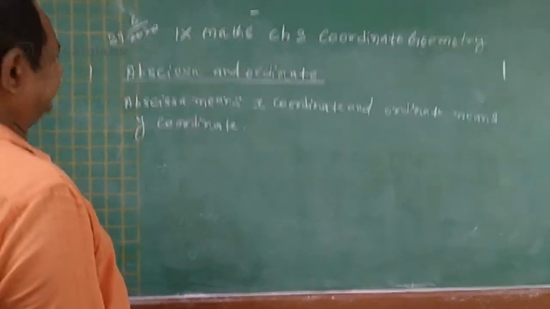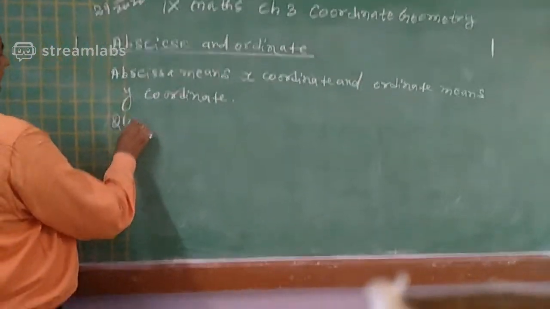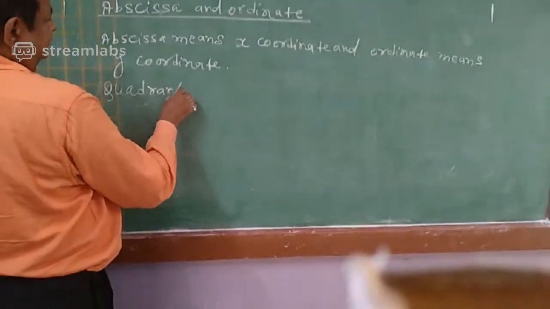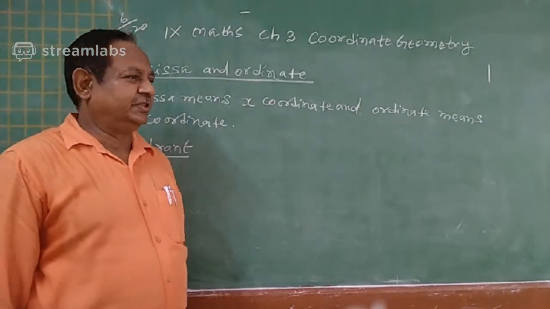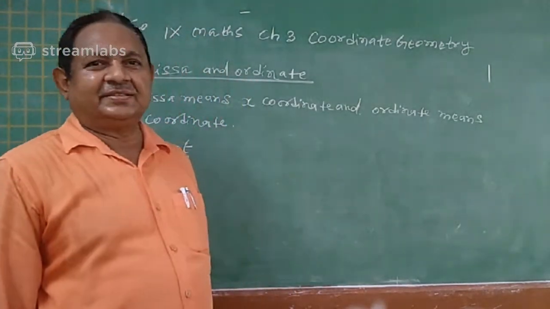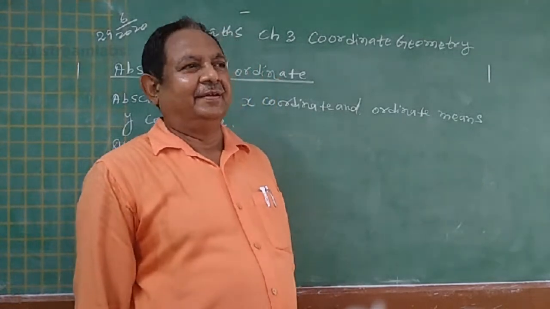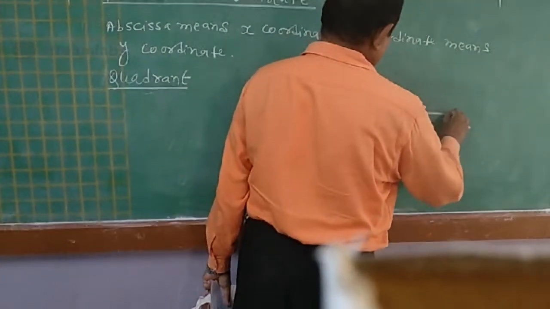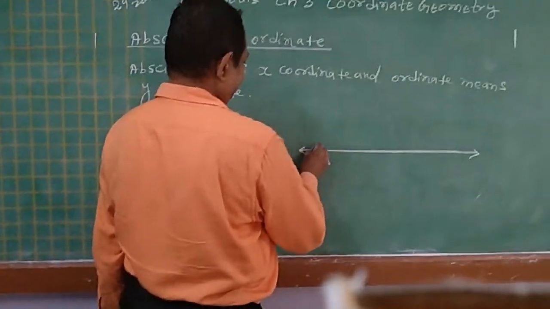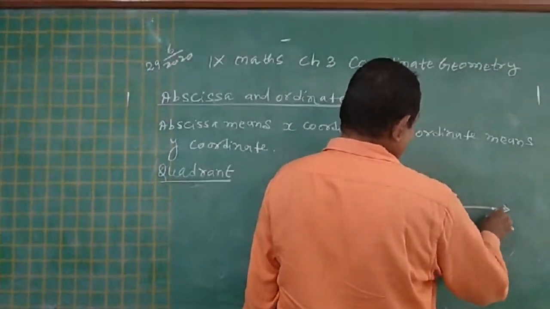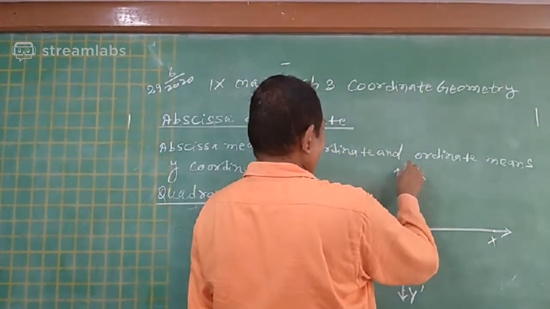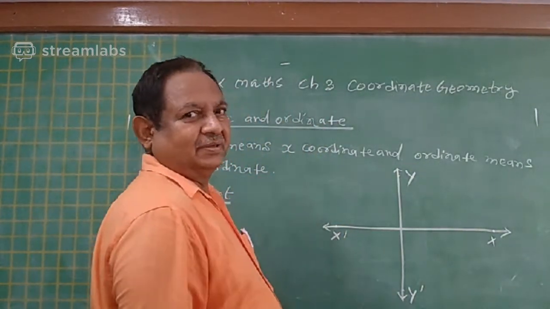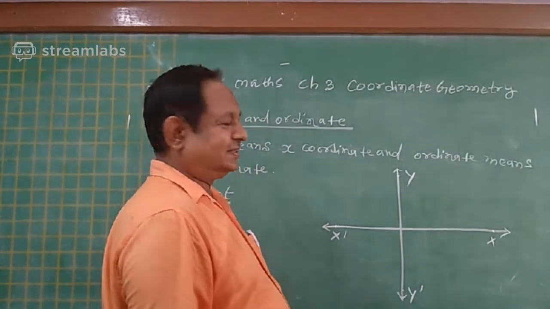Then quadrant. A Cartesian system divides the plane into four parts. These are two perpendicular axes.